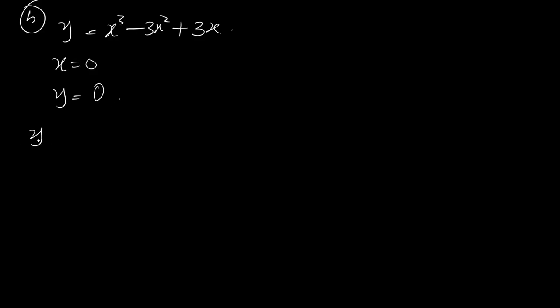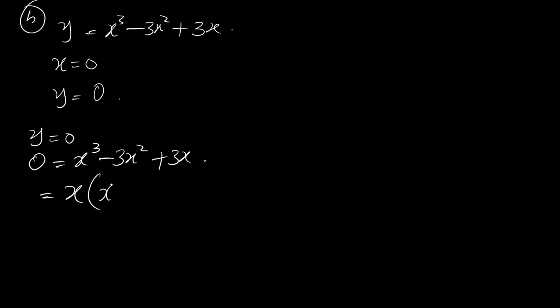So now where y is equal to 0, if you put 0 here, you have x cubed minus 3x squared plus 3x. So now you factor, x is common, so we factor it out.